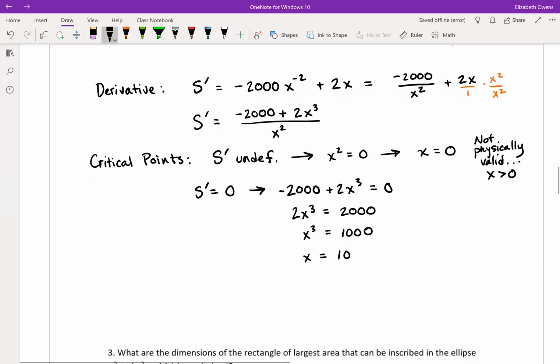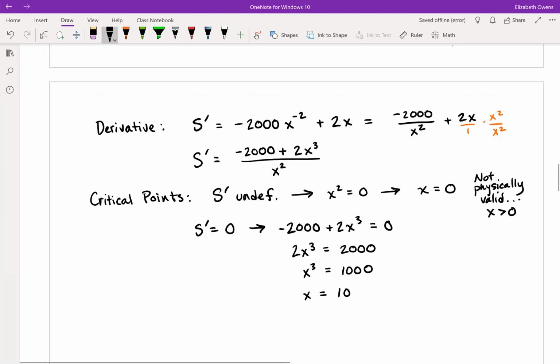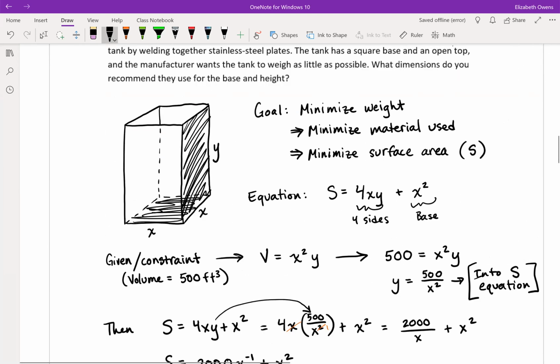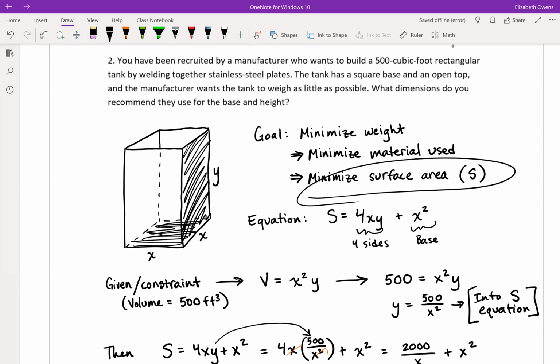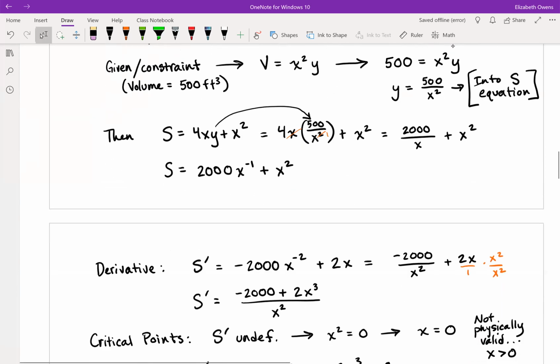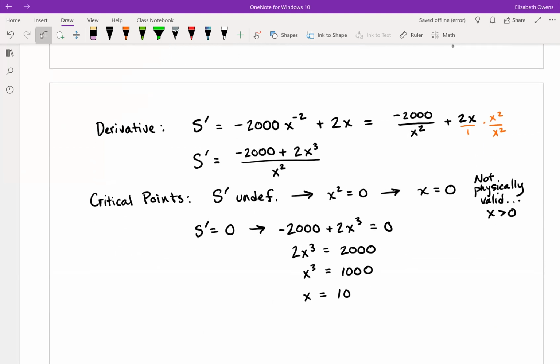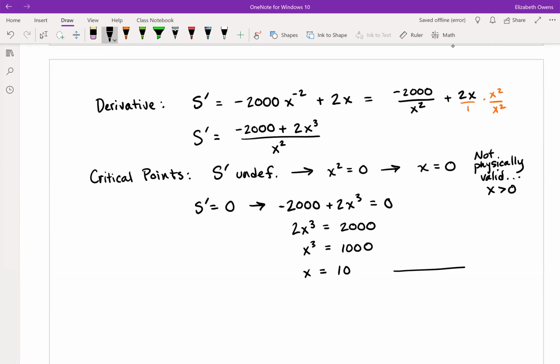So let's check here just to make sure that this is actually going to give us what we want, because remember, our goal in this is to minimize the weight of the tank or minimize the surface area. So we need to make sure that this truly gives us a minimum for S. And remember that we can test that by using a little number line for the derivative s prime.